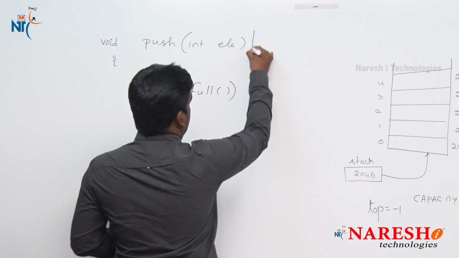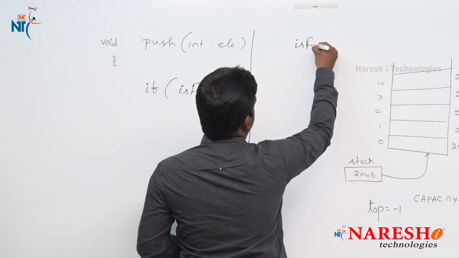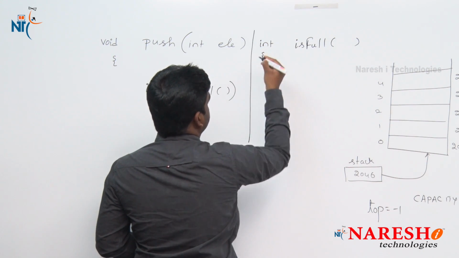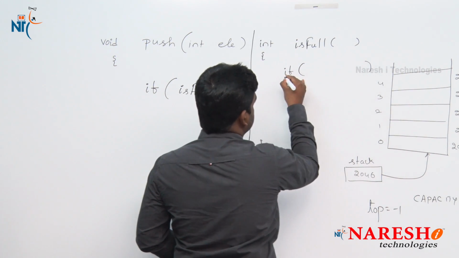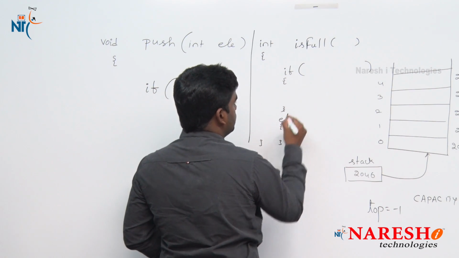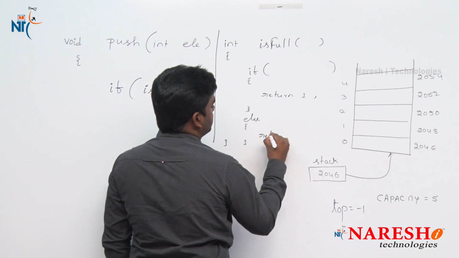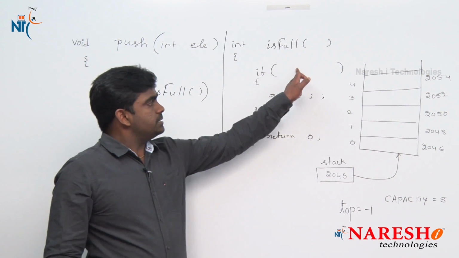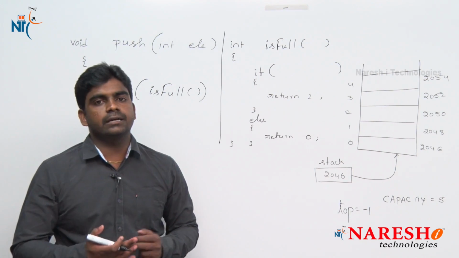So here is how the isFull method will be. The method is isFull, the return type is integer. If the stack is full, the full condition I will show you, it returns 1 if the condition is true, or else it will return 0. We will discuss the conditions later, because if I explain according to the operations, you will get more clarity on this.